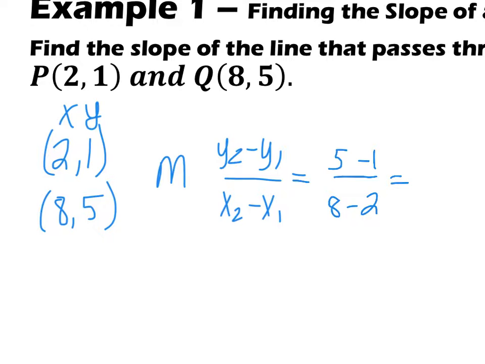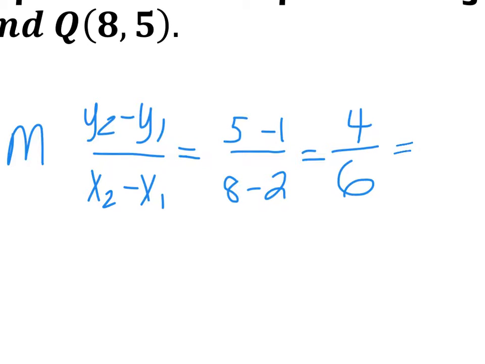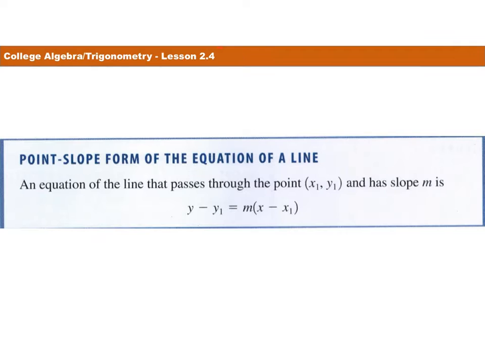So on the top, 5 minus 1 is 4. On the bottom, 8 minus 2 is 6, and I simplify that. What does that become? 2 over 3. So my slope is 2 over 3. I go up 2 over 3. Up 2 over 3. Make sense? We good? All right, scoot on over.